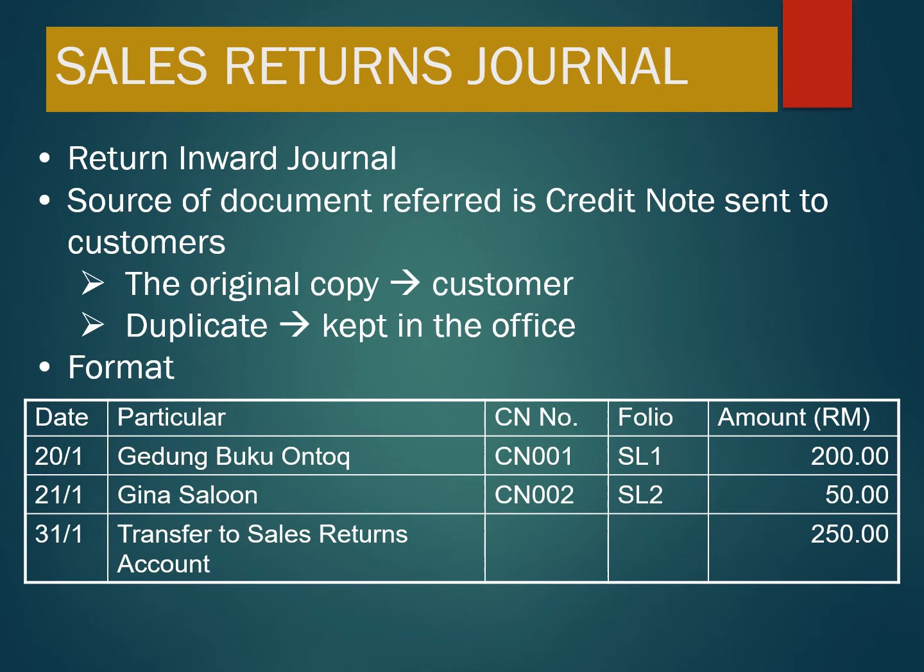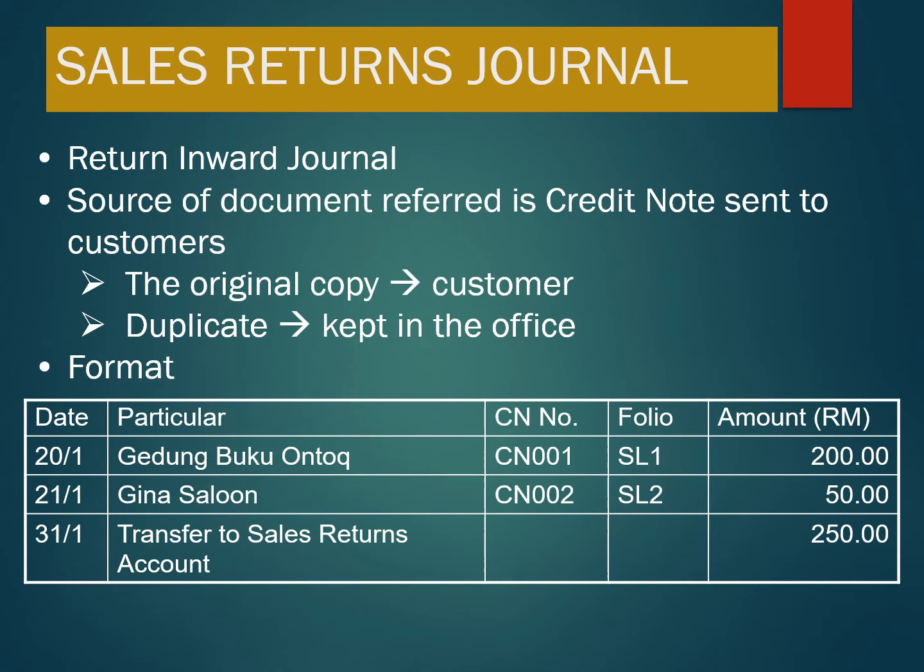And the format is date, particular, credit note number, credit note that we send to the customer, folio is optional, and amount column. More or less the same as the sales journal format and also the purchases format.